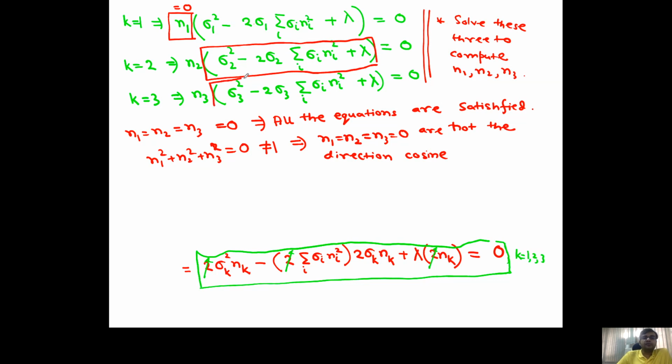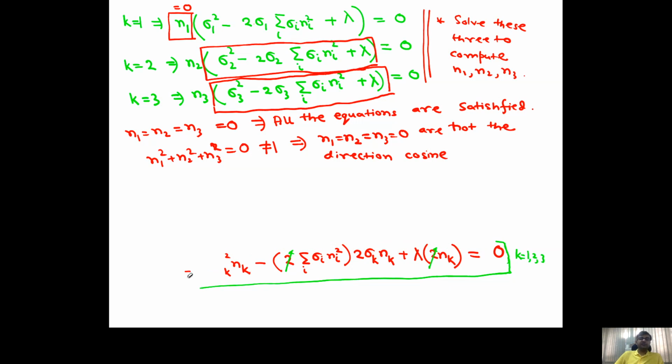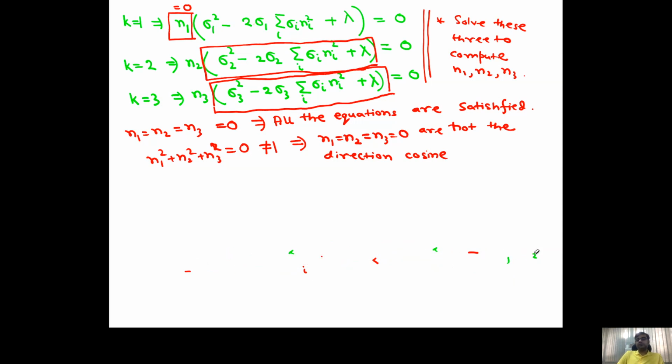And from the third equation, we will also take this part to be equal to 0. So we are taking from the first equation n1 to be equal to 0, and from the second and third equation we are taking the other two terms to be equal to 0. So let us see what will happen.